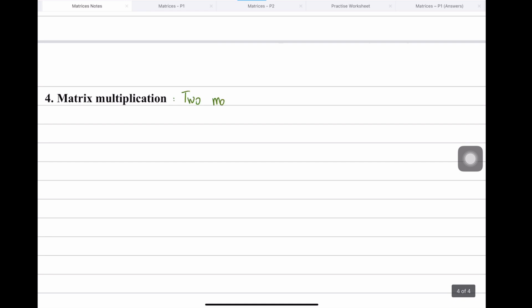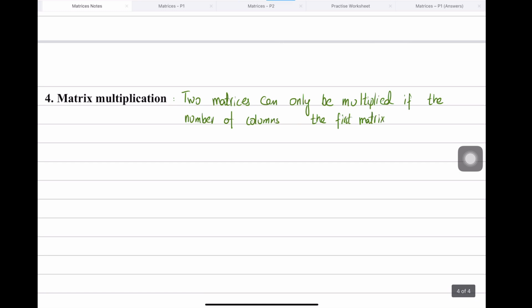So the rule is two matrices can only be multiplied if the number of columns of the first matrix is equal to the number of rows of the second matrix.